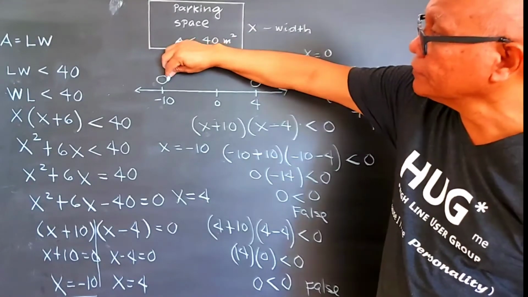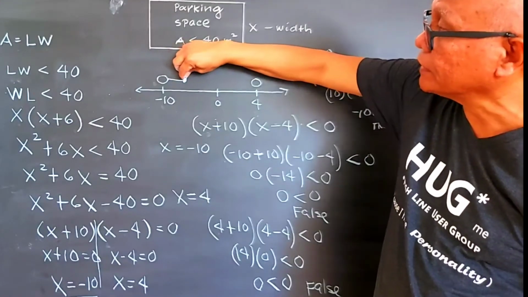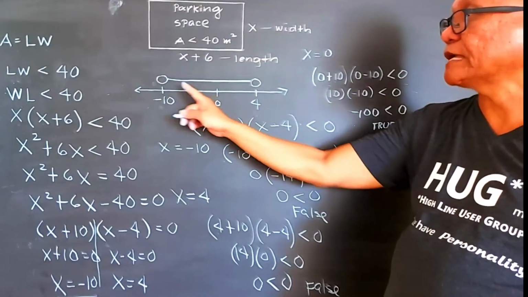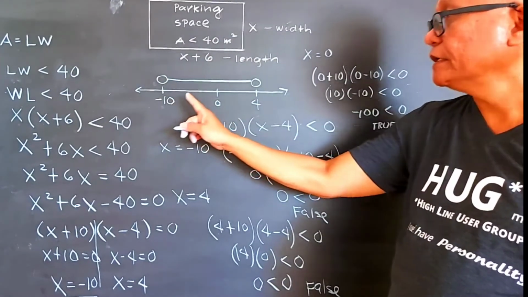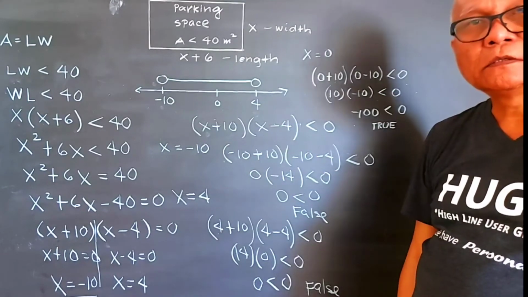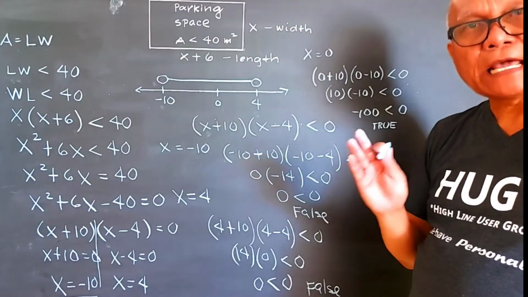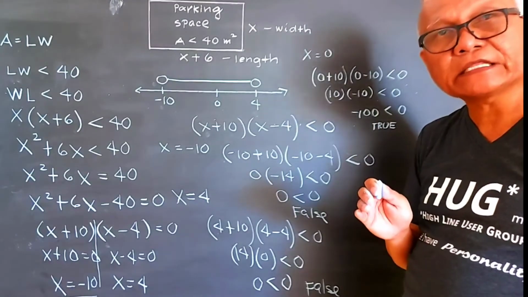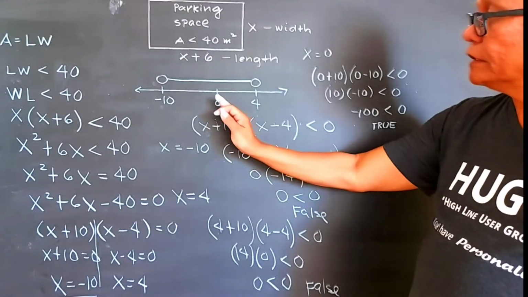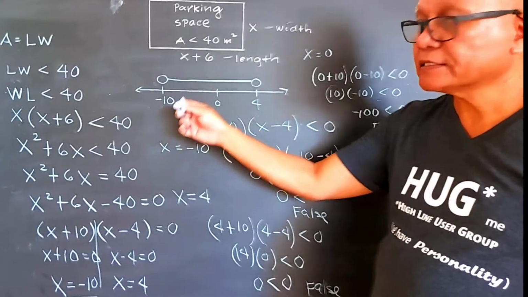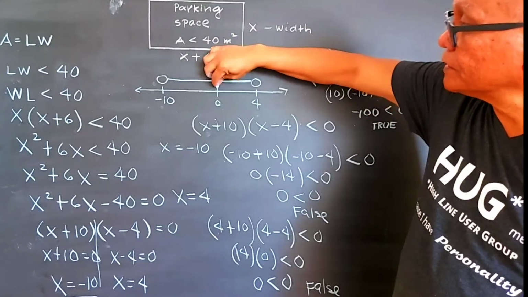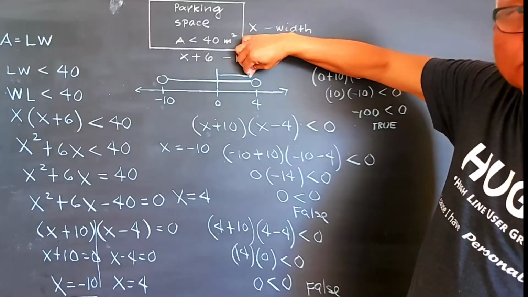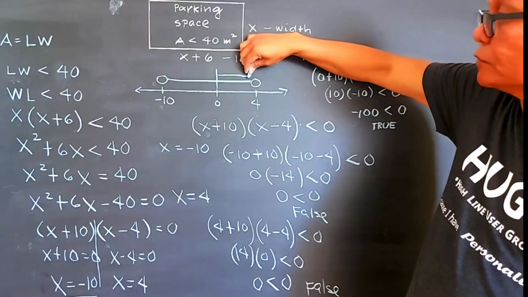Therefore, the value lies in between here. So this is our value. The value of x lies between negative 10 and 4. But length, width and distance cannot be negative. Therefore, in this number line, class, we start from 0 and we go before the 4 because 4 is not included.